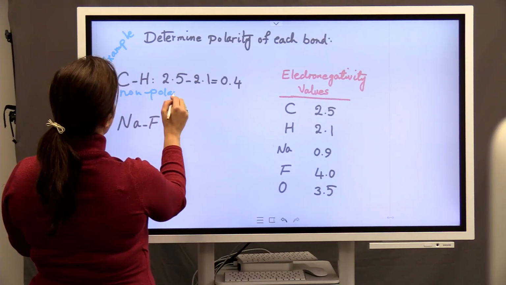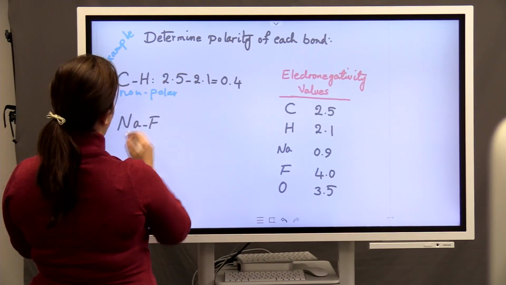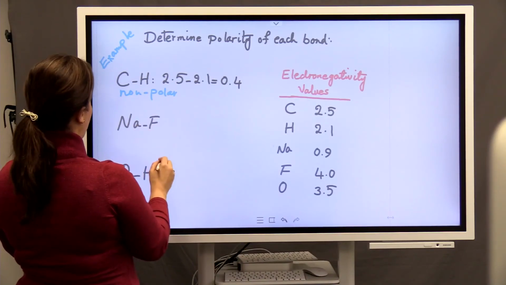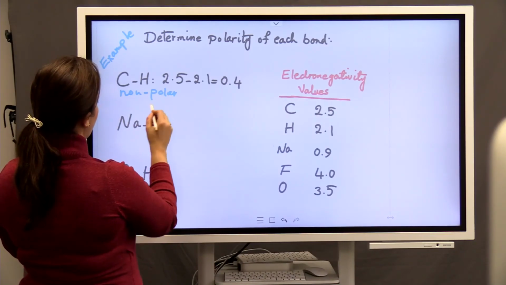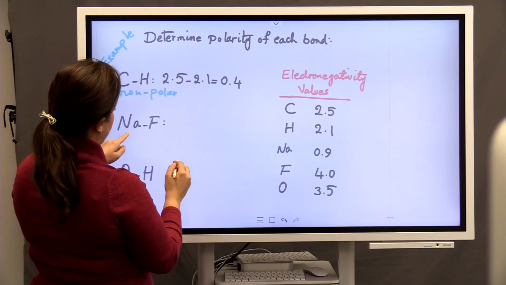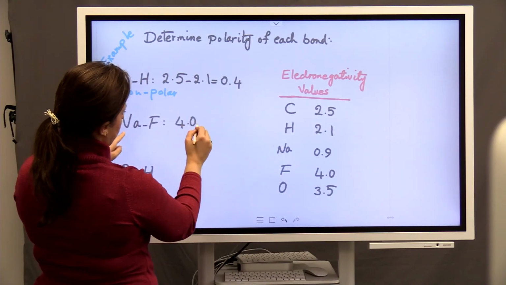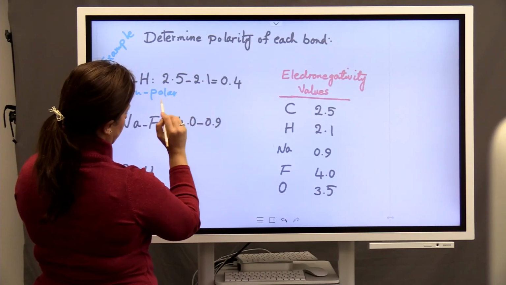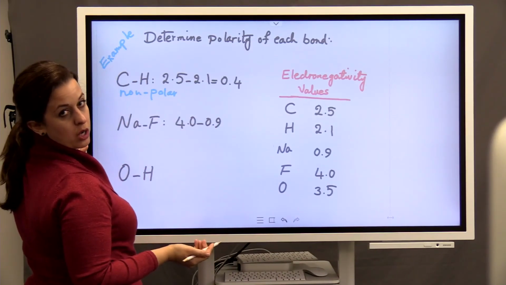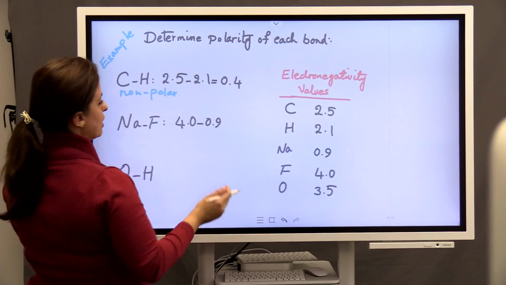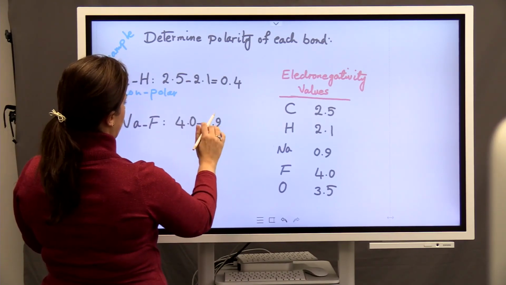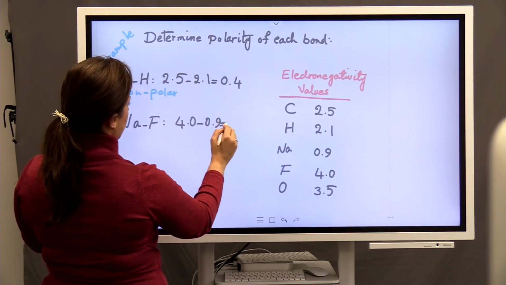Repeat the same thing for NaF and for OH. So for NaF, the electronegativity of fluorine is 4 minus 0.9. Always use the larger first because we want to have a positive value, okay? So it would be 3.1.